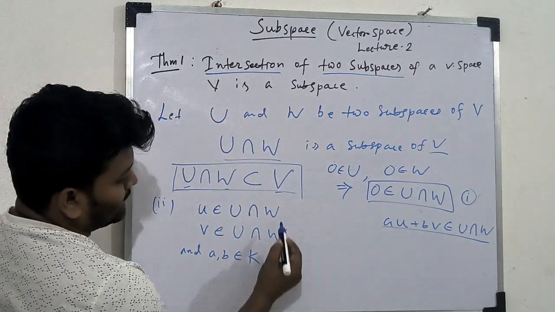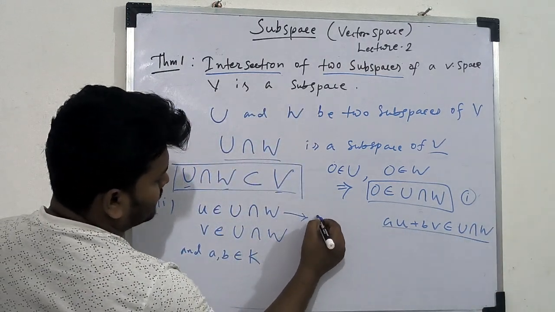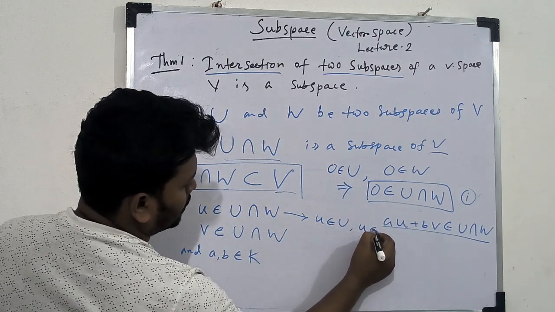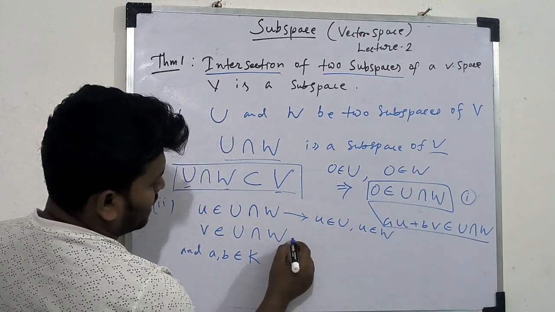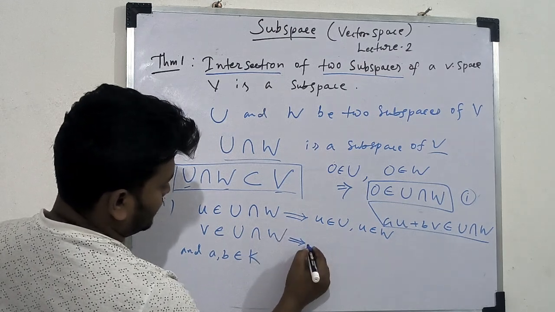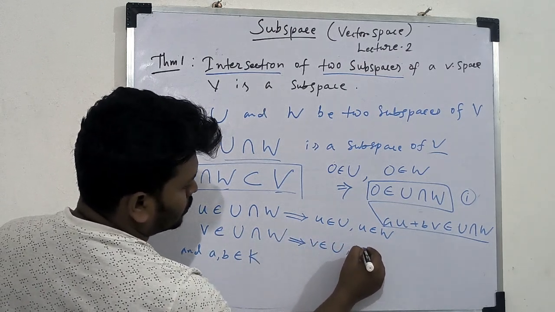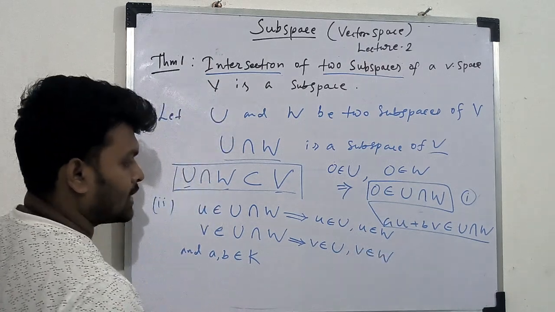So whenever we take this, from this we get u belongs to U, also u belongs to W, and from this it implies that v belongs to U, also v belongs to W. Okay?